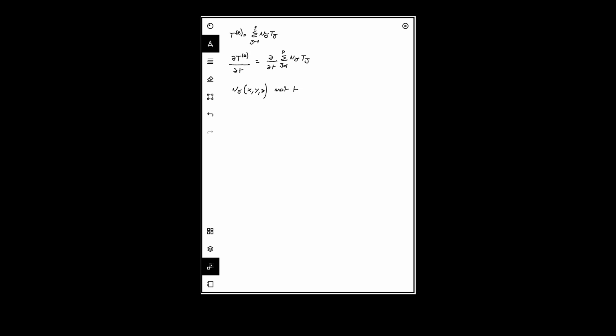The only term that is function of t in unsteady state problem is Tj. So the derivative of T with respect to t is equal to the sum from j equal to 1 to p of Nj, the derivative of Tj with respect to t. And we can write in another notation as the sum of Nj Tj dotted.